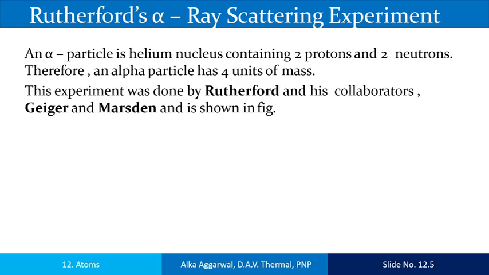The alpha particle is a helium nucleus having 2 protons and 2 neutrons. So the mass of the alpha particle is 4 units and the charge is 2 times the charge of the proton. This experiment was done by Rutherford and his associates Geiger and Marsden.